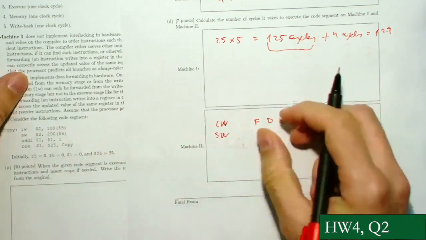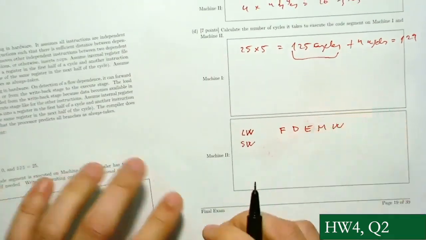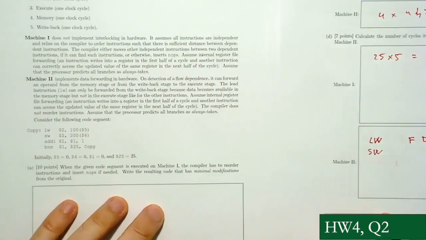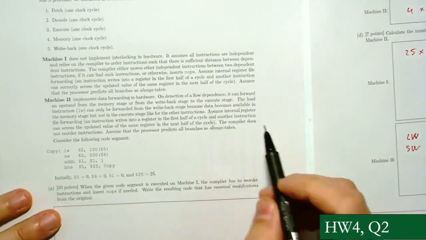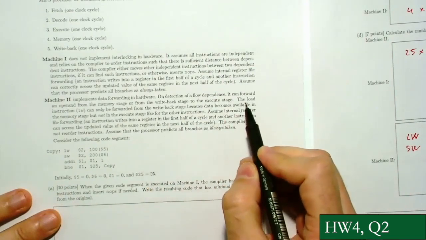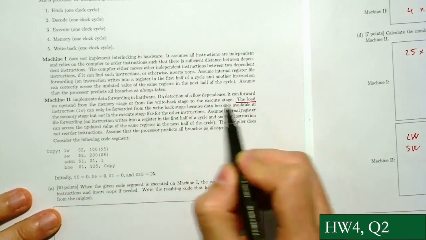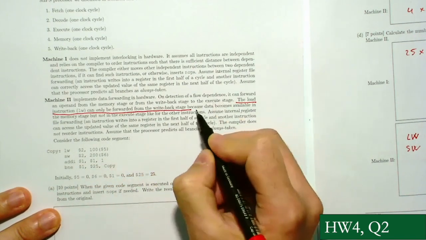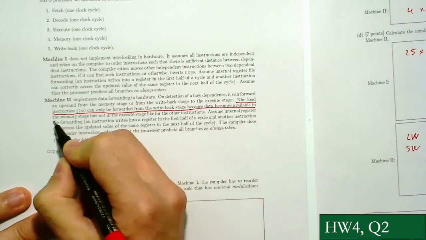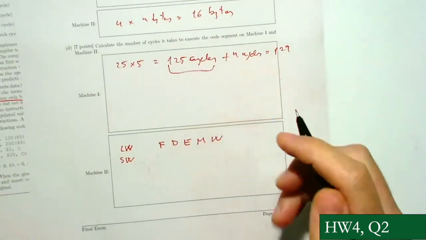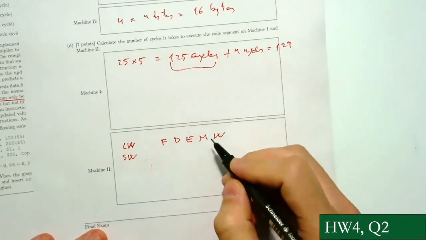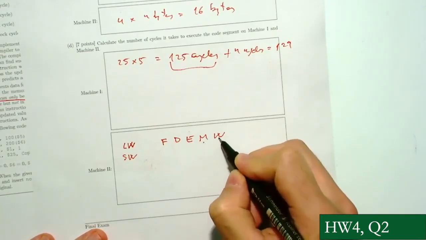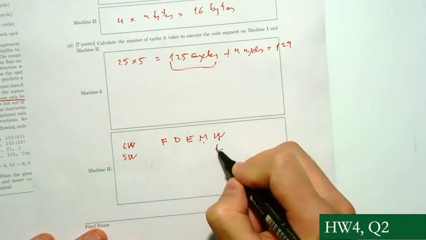On the store, we've seen the definition of machine 2: the load instruction can only be forwarded from the write back stage because the data becomes available in the memory stage. So the data becomes available here. So from here, we can forward this data to the execution stage.